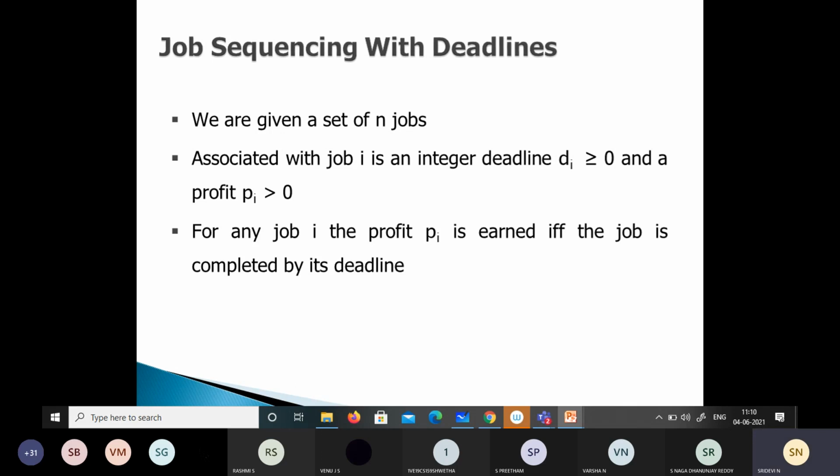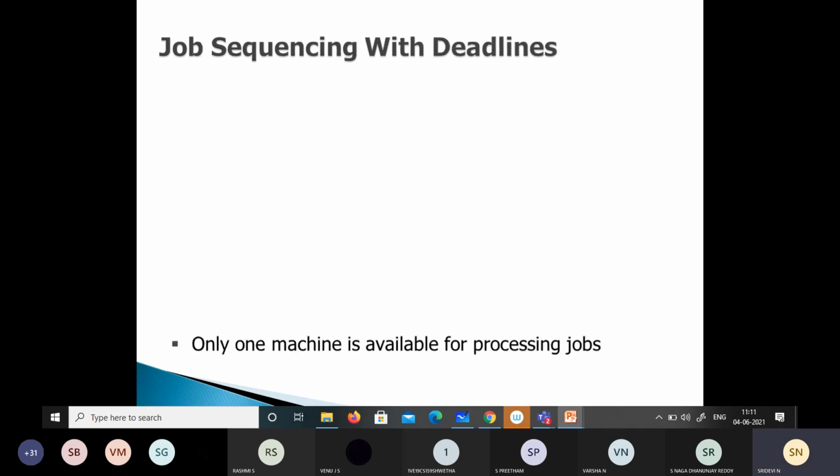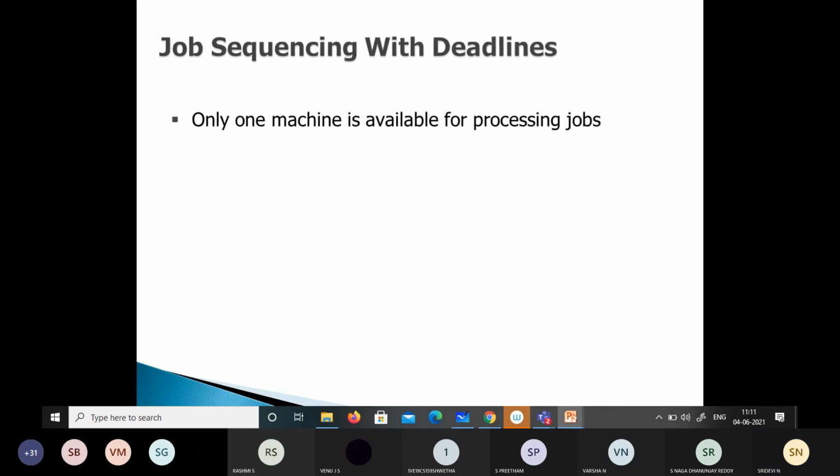To complete a job, one has to process the job on a machine for 1 unit of time. Every job takes 1 unit of time, and only one machine is available for processing all these jobs.